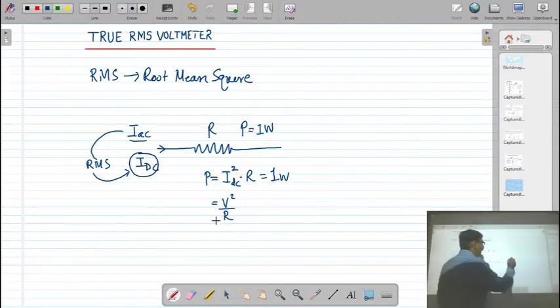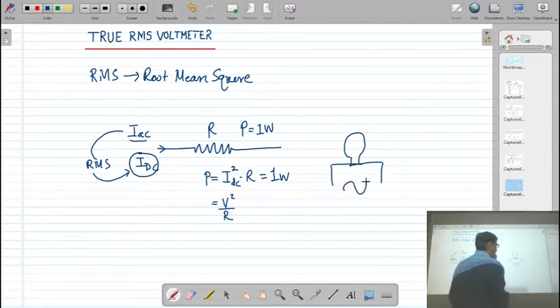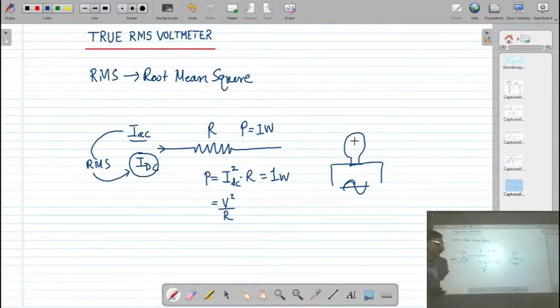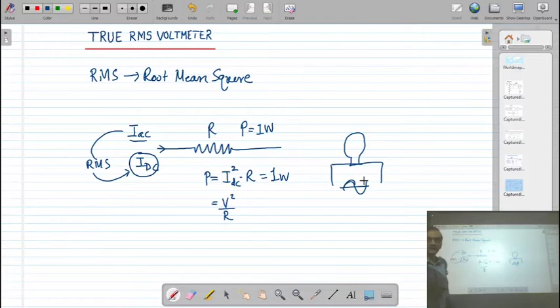So actually, if you take the example of a bulb, when you apply the AC voltage, remember here if you have the bulb and I am connecting it to the AC voltage, what should happen in the bulb? Whenever we have a positive voltage, the intensity of the bulb should go on increasing, and then when the negative cycle comes, the intensity of the bulb should go on decreasing.